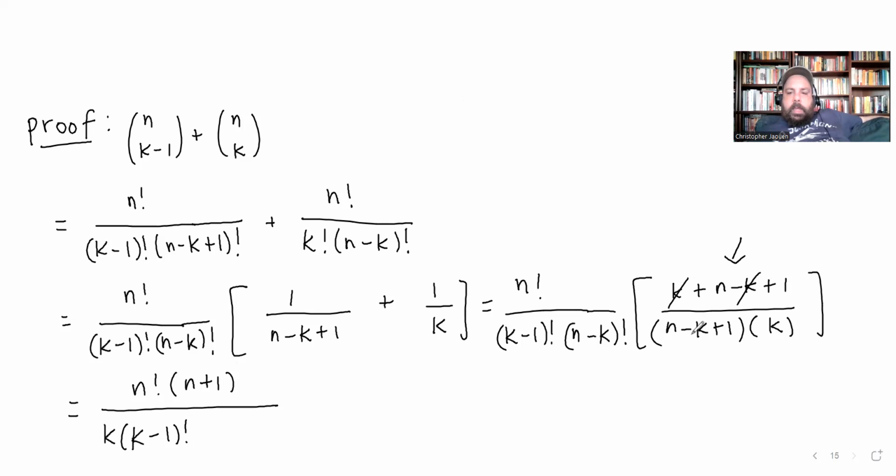And we can write n minus k plus 1 as n plus 1 minus k, times n minus k factorial.